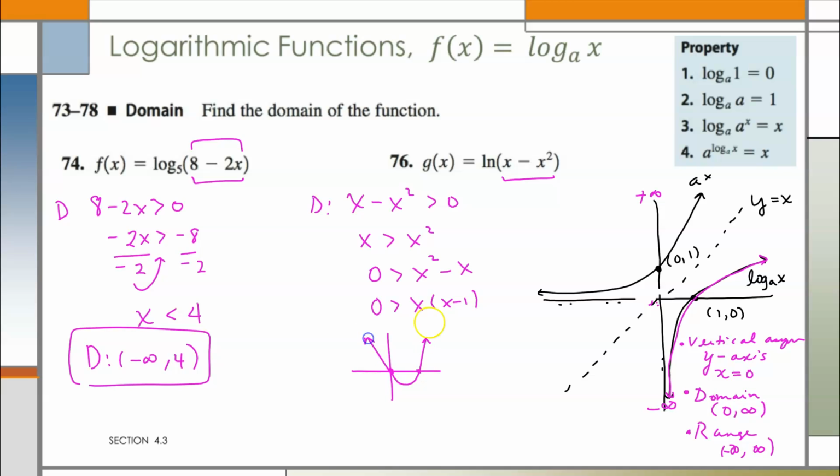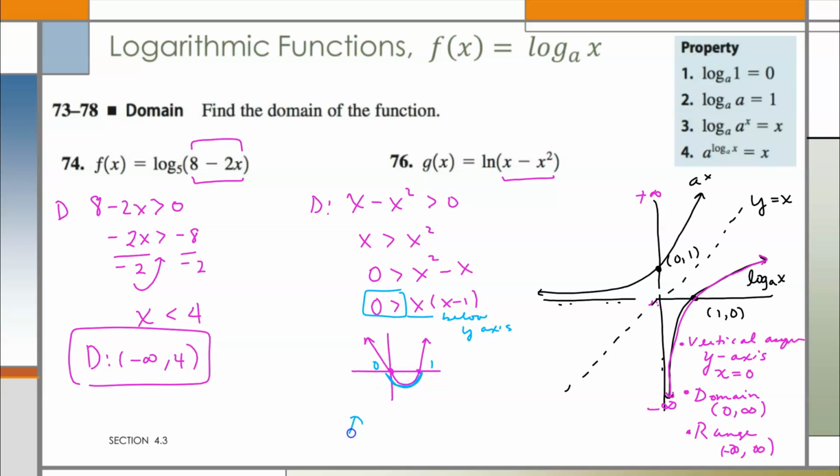What we want to know is when is this graph smaller than 0? When is it below the y-axis? That would be here in between 0 and 1.